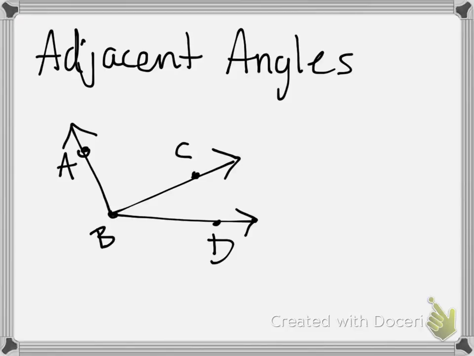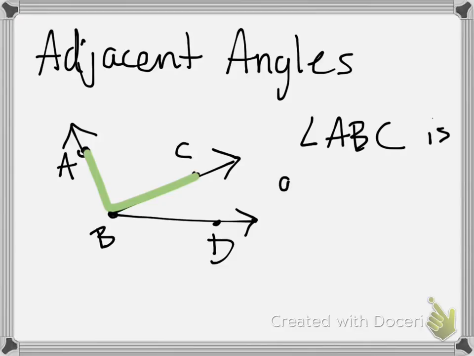So adjacent angles simply are ones that are going to be next to each other. All right. So if we have angle ABC, which is right here, I'll write that as angle ABC, and I would say that ABC is adjacent to, and then I would choose the angle that's next to it, CBD.